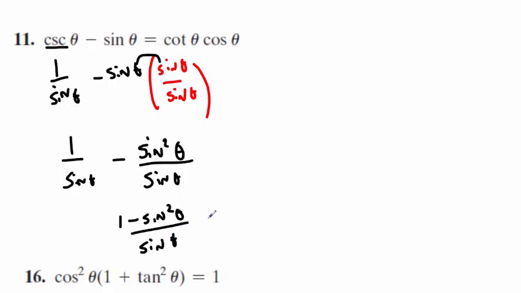Well, based on rewriting our identities, 1 minus sine squared of theta is equal to cosine squared of theta. And I still have in the bottom the sine of theta.